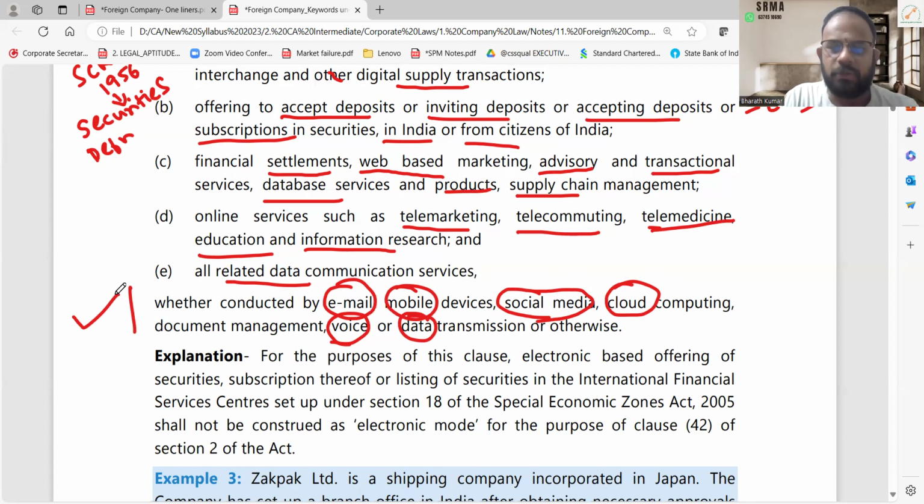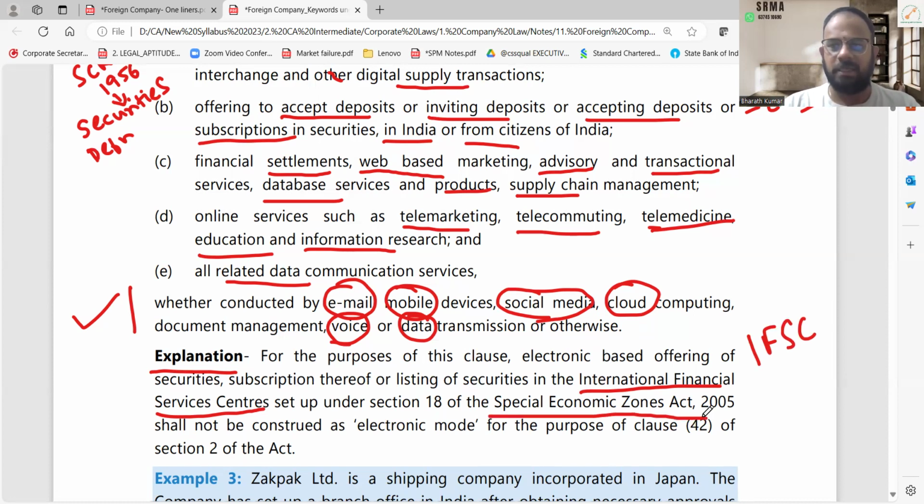Are we clear? So when we say electronic based offering of securities, the explanation: for the purpose of this clause, electronic based offering of securities, subscription thereof, and listing is as per IFSC. Mostly this will be exempted, because you cannot always deal with it in INR. IFSC, International Financial Services Centre, is set up as per SEZ.